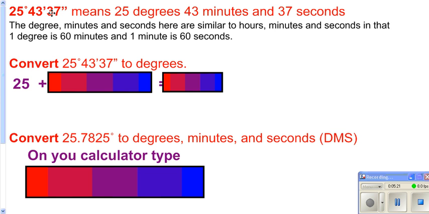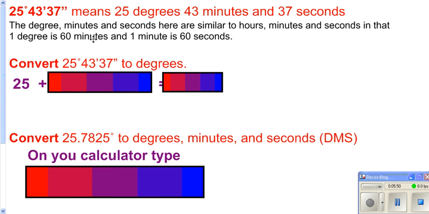We now have 25 degrees, 43 minutes, and 37 seconds. The apostrophe means minutes. The 37 with the quotation marks means seconds. Now, most of you are familiar with converting hours, minutes, and seconds either into all hours or taking part of an hour and converting it into minutes and seconds.